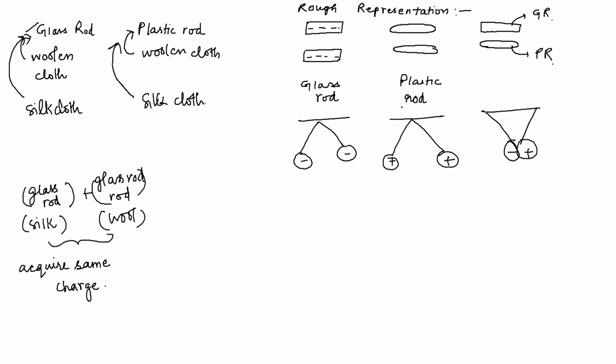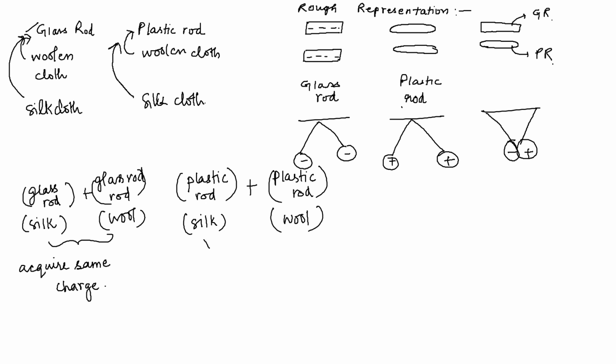Now, in the second case, we are having a plastic rod which is rubbed by silk cloth and the other is again a plastic rod which is rubbed by woolen cloth, and they both acquire the same charge again. So in either case, if it's a silk cloth or a woolen cloth, both give similar property to a glass rod and similar property to a plastic rod.